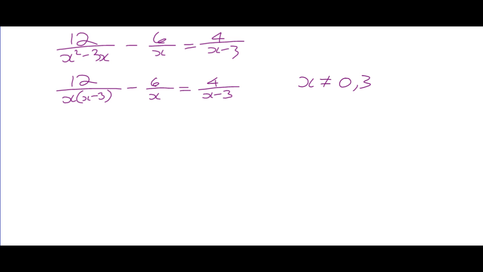Okay, now we're going to multiply. What's the LCD? x times x minus 3. The problem if you don't factor it is all of a sudden your LCD is x times x minus 3 times x squared minus 3x.